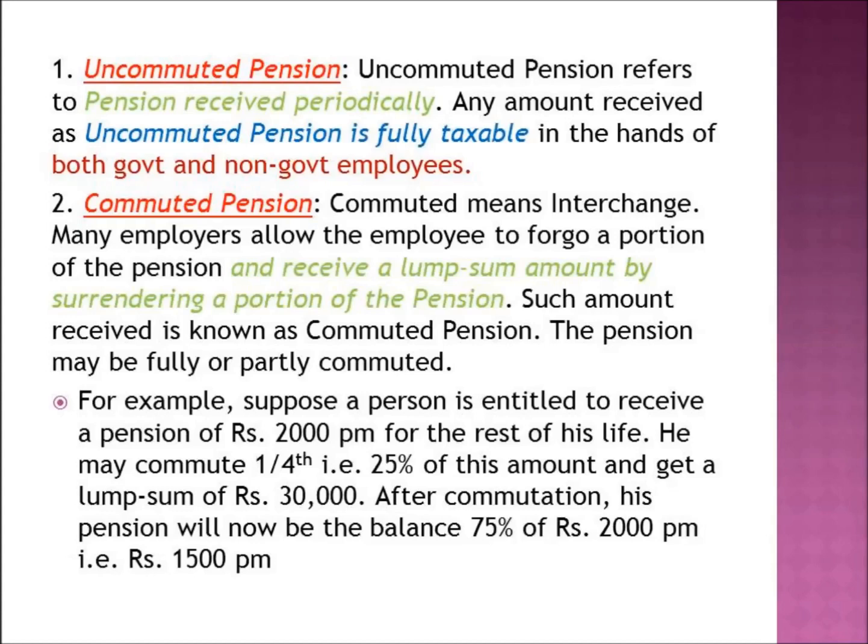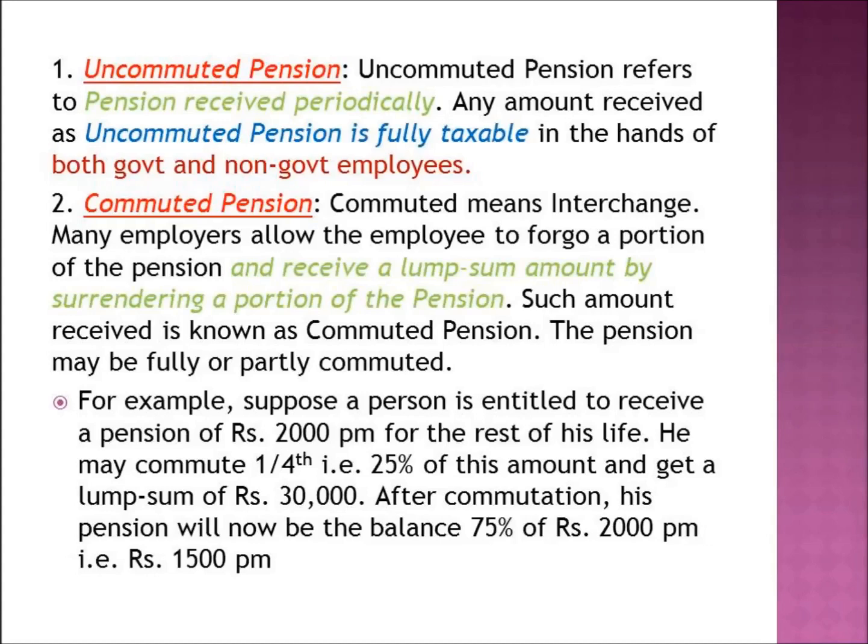Now comes the main part, that is commuted pension. This is something different. Different in what sense? Let us see. Commuted means interchange, meaning we interchange the periodical payment into something different. Many employers allow the employee to forego a portion of the pension and receive a lump sum amount by surrendering a portion of the pension.